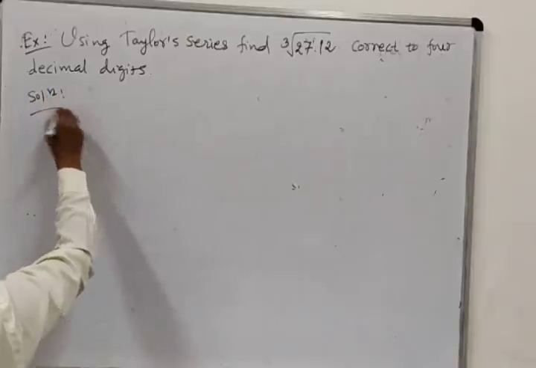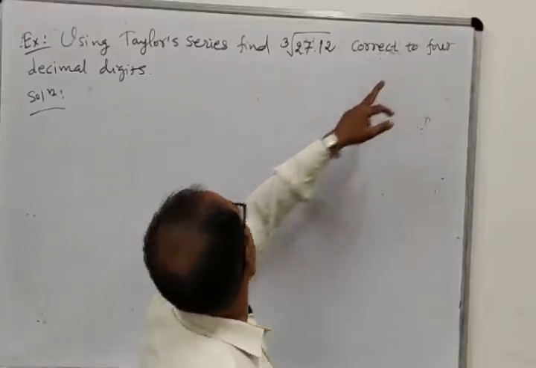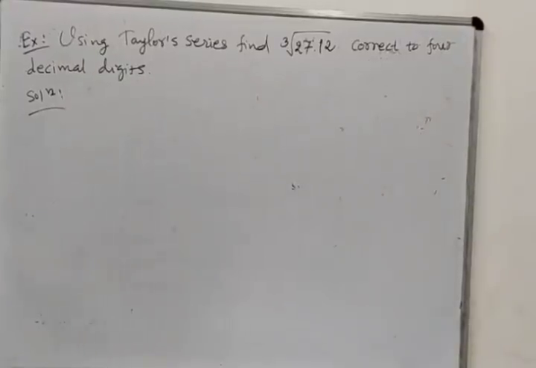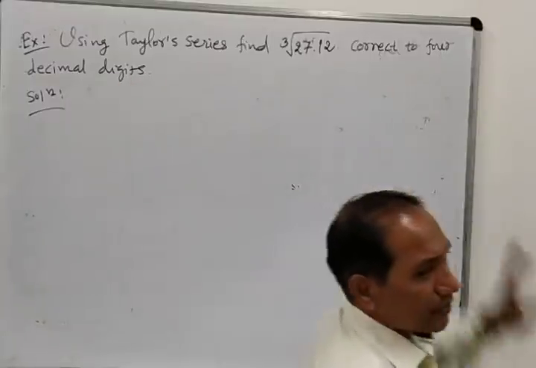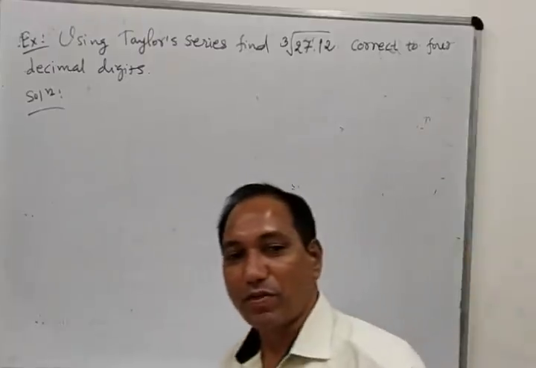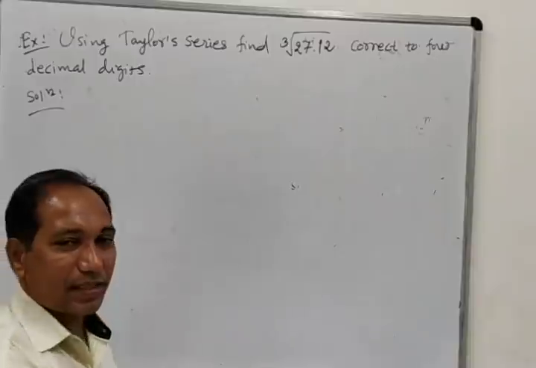So this question is also very simple to solve. Here one thing you remember, that we want to find the answer correct to 4 decimal digits. So we will understand what is the meaning of correct to 4 decimal digits. Whenever you use your calci, there is a mode function, as I told you in the last example.